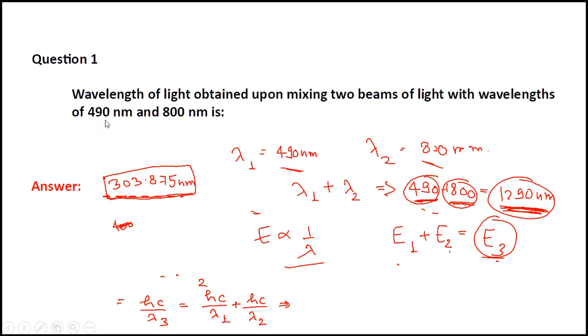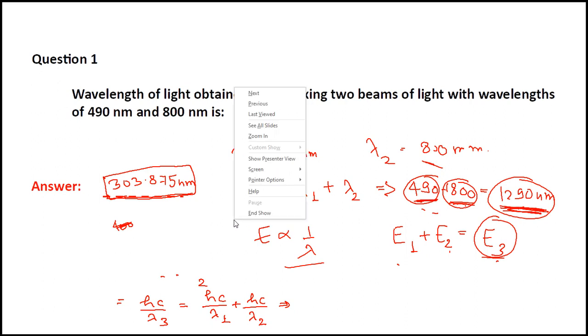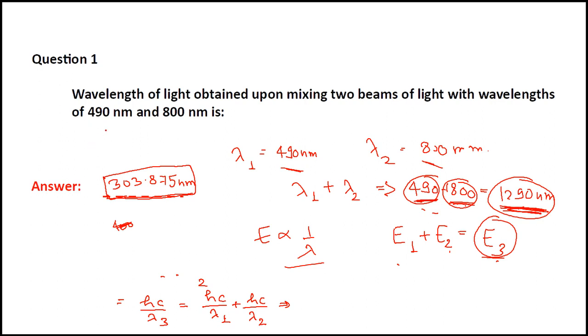If you talk about this 490 nanometer of light, it will lie in the visible range. And 800 will lie in a higher range, because the visible range is only till 780 nanometers or so. If you add these up, you get somewhere around 303 nanometer, and definitely this range will be the UV range.